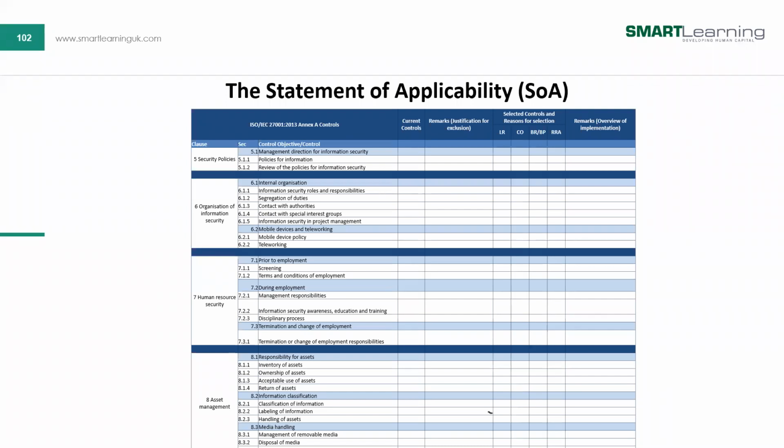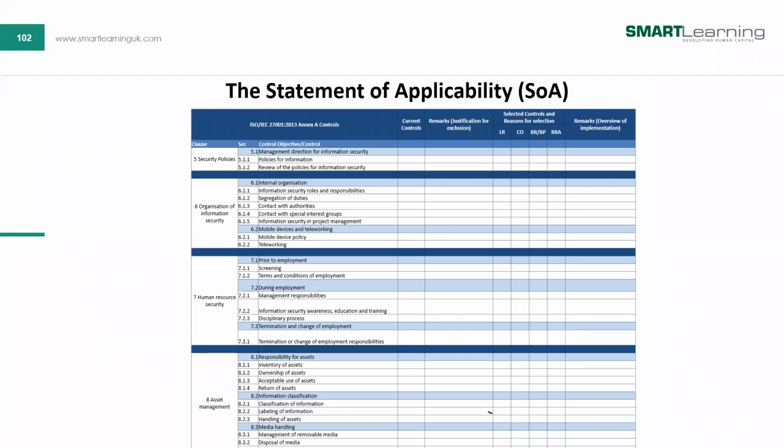It's a legal requirement for you to have that control, or it is a contractual obligation to have it, or it is a business requirement or best practice. And then RRA is a result of risk assessment. So you will justify why any one applies to you. And of course, it can be more than one reason. So you're justifying selection, you're also justifying exclusion.